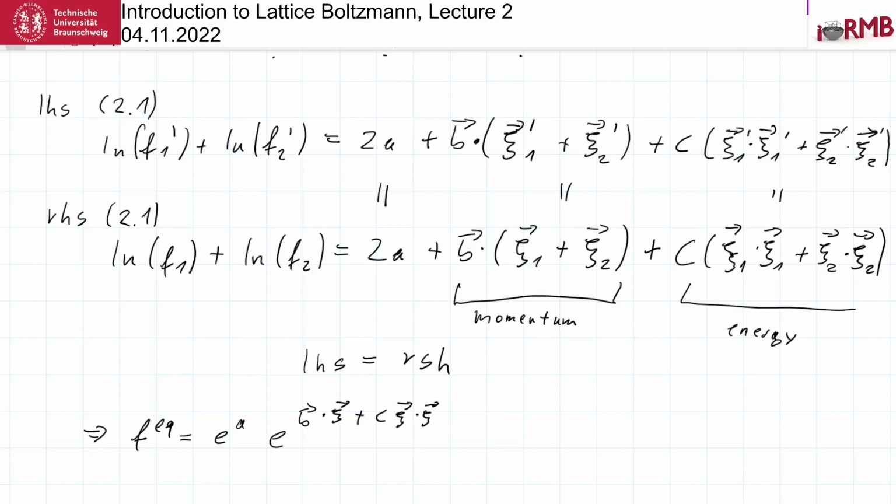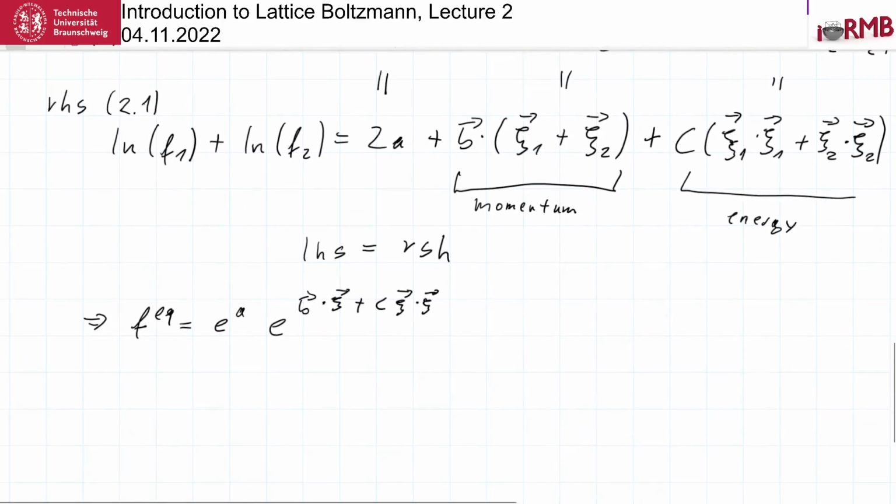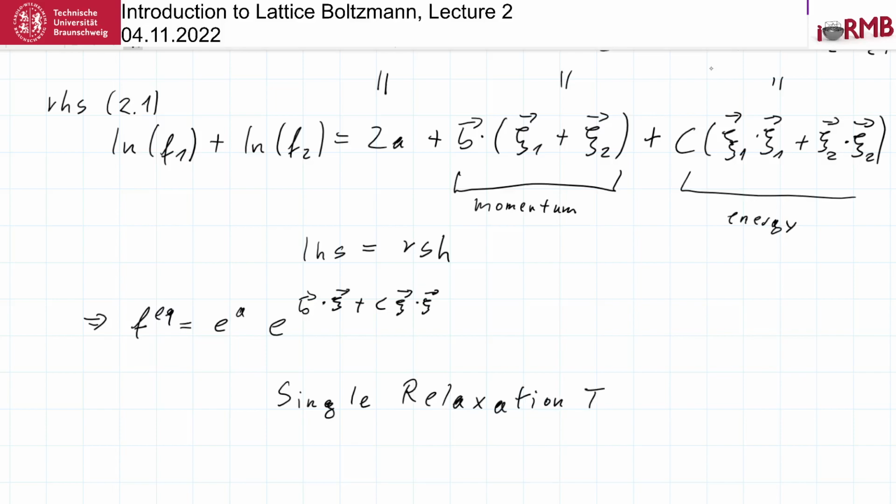Now, getting closer to this equilibrium state can, of course, mean a lot, and it is not at all clear how this works, but right now we will introduce more or less the simplest way of doing this using the so-called single relaxation time collision approximation.